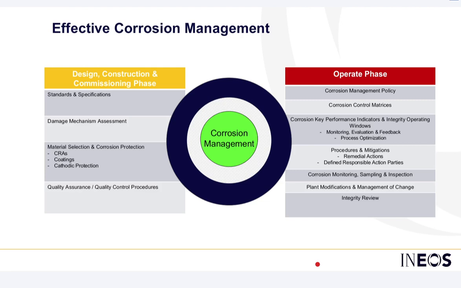You assess those damage mechanisms from the get-go during the front-end engineering design, or FEED as we call it. And then you start to select the materials and you start to look at what mitigations can be applied. You can either select corrosion-resistant alloys or apply coatings to slightly cheaper materials to ensure that they have that longevity in service.